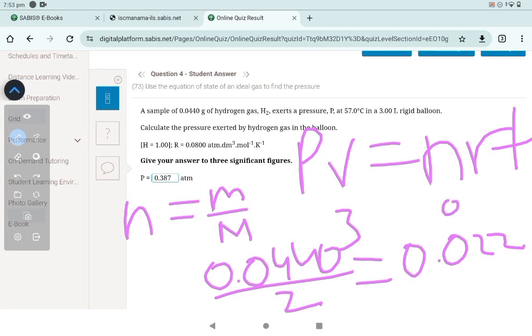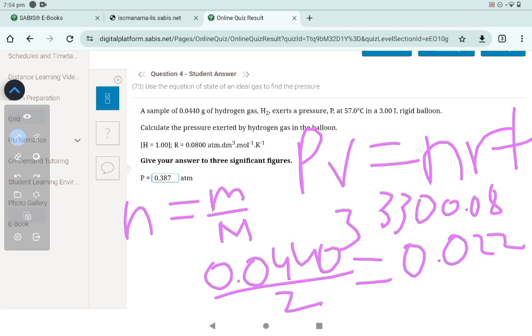They'll tell you that all the time. It's 0.08. And temperature is 57, but we make it Kelvin. So 273 plus 57 is 330. Now we've got everything we need to work with.